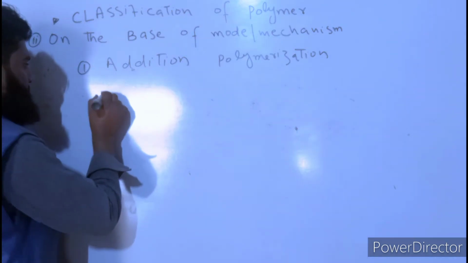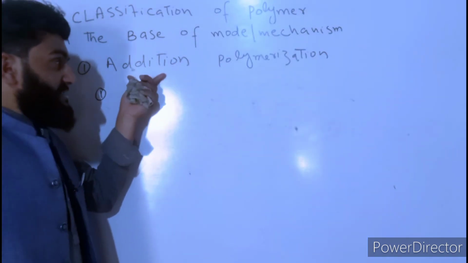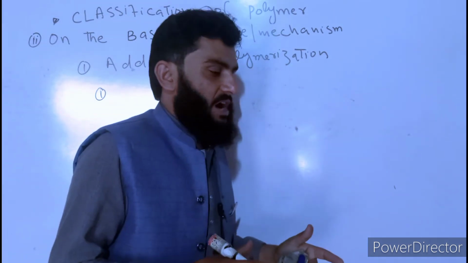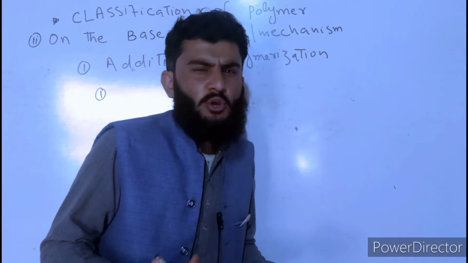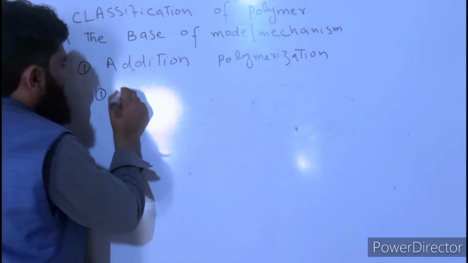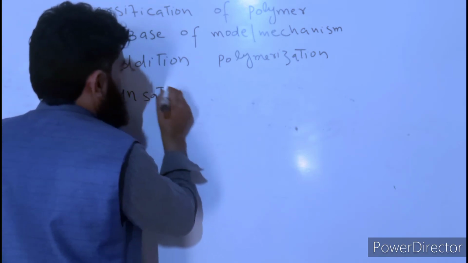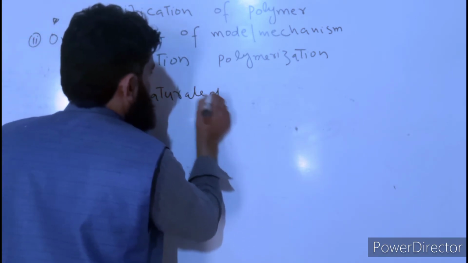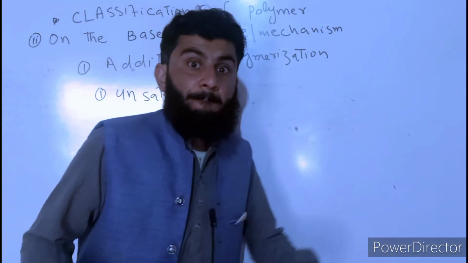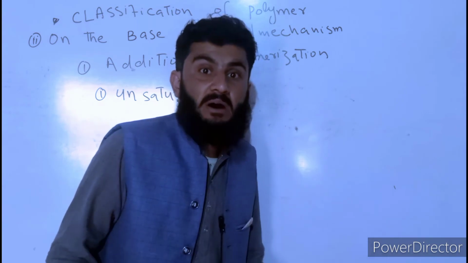The first property of addition polymers is that the addition polymers are composed of such monomers which are actually unsaturated, or addition polymers are formed by such monomers which have multiple bonds.